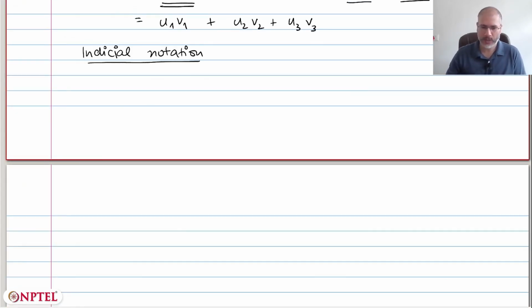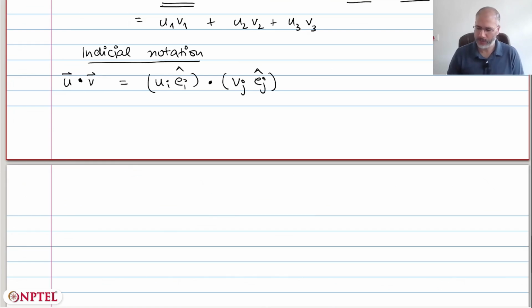If we use the indicial notation, remember we are starting with vectors u dot v. That's the expression we want to solve for. So u can be written as ui ei. Remember, we are using the summation convention, so I don't need to put a sum symbol here. And v vector can be written as vj ej.